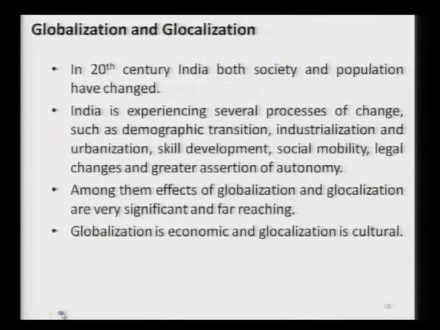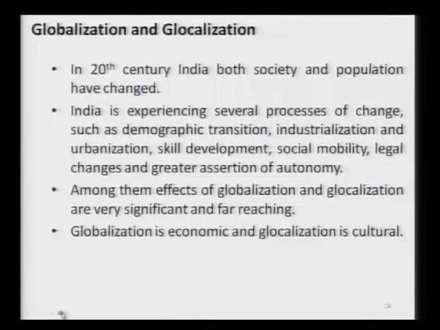Another thing which we must notice happening in India and which will affect our population trends is globalization. Globalization, or the world becoming one global village, is defined by different people in different ways, but basically it means flow of resources, capital, humans and technology from one country to another.